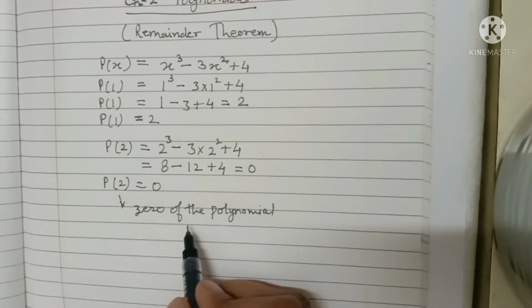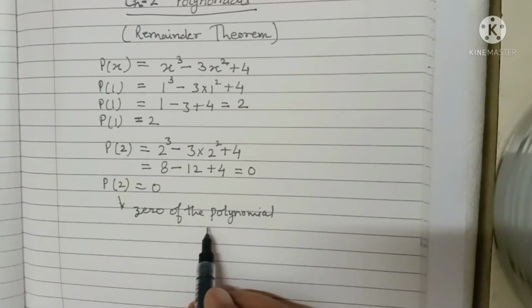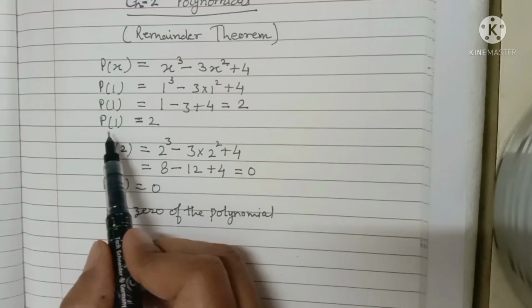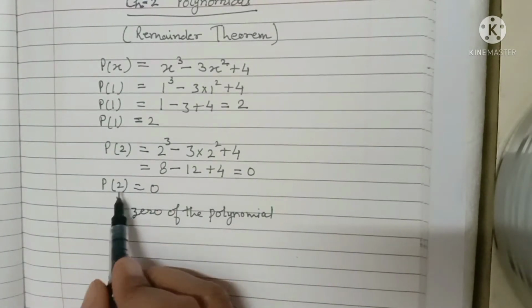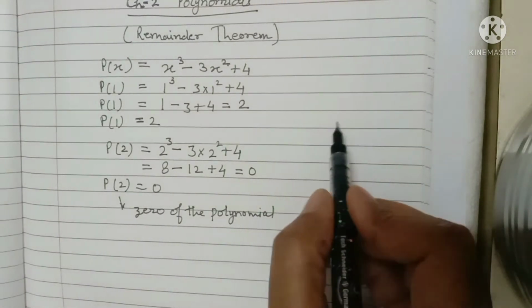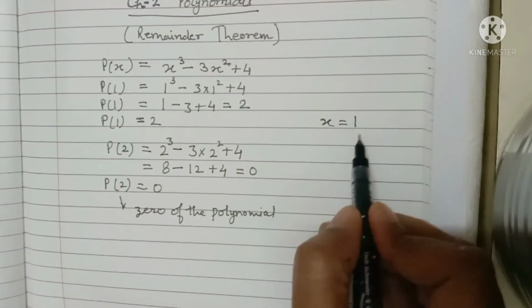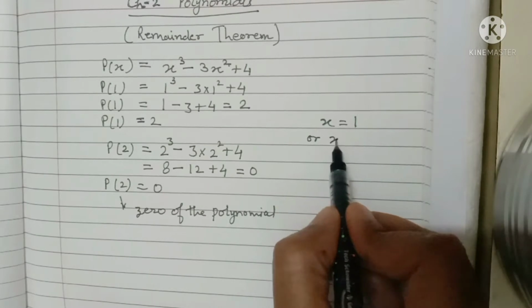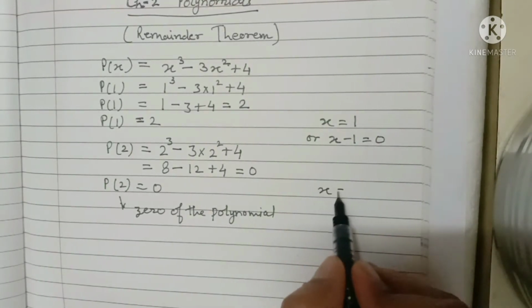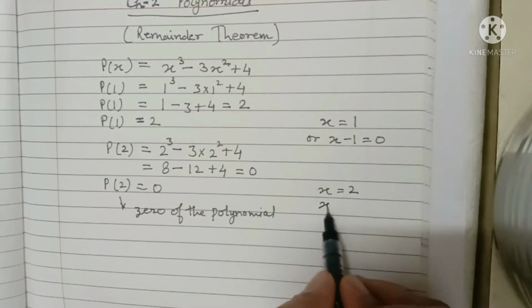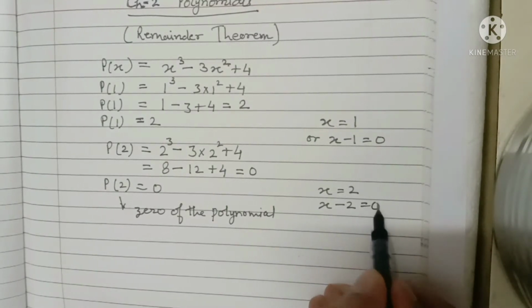Zeros mean the roots of the polynomial. Here x is equal to 1, and here x is equal to 2. So you can write x is equal to 1 or x minus 1 is equal to 0, and x is equal to 2 or x minus 2 is equal to 0.